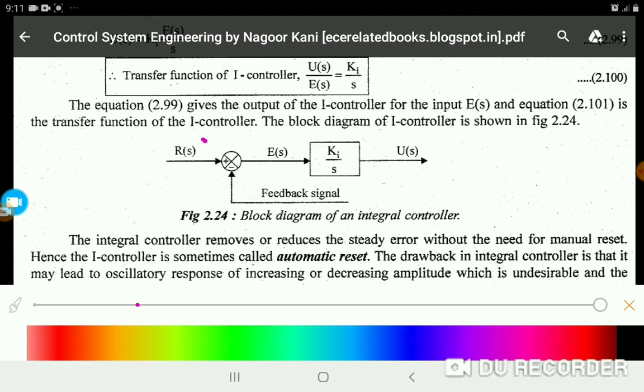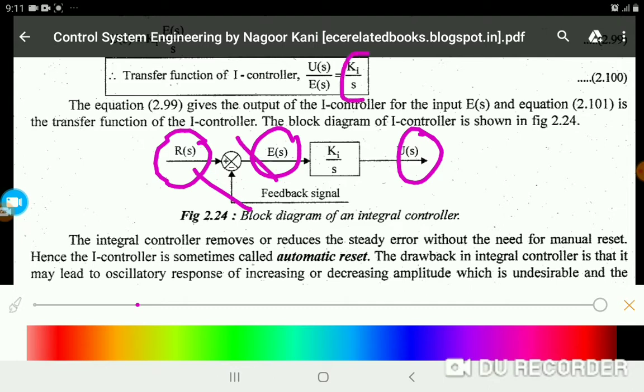Here input R of s, output U of s. The input to the block is E of s, with negative feedback as usual. The gain of the block is Ki by s. Simply we can draw the block diagram of an integral controller.